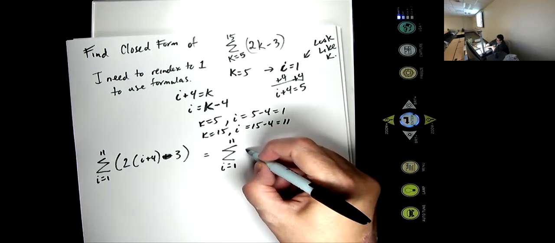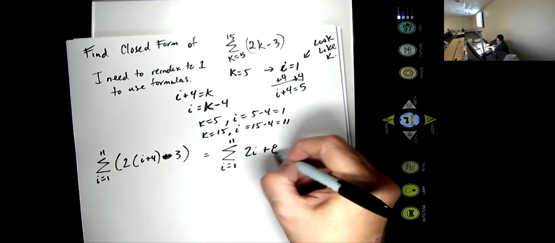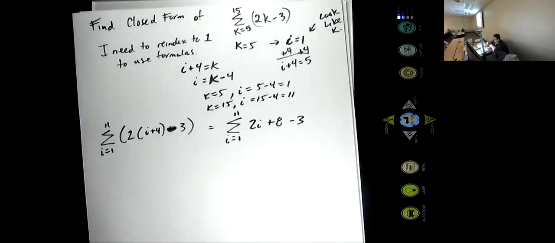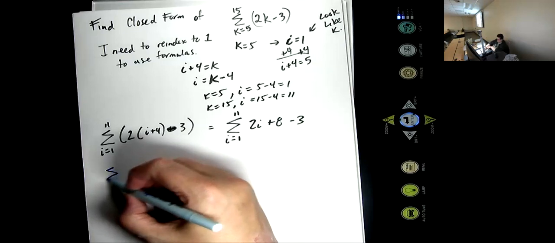This is 2i plus 8, and then minus 3. Now when I clean up, I'm going to switch back to k.